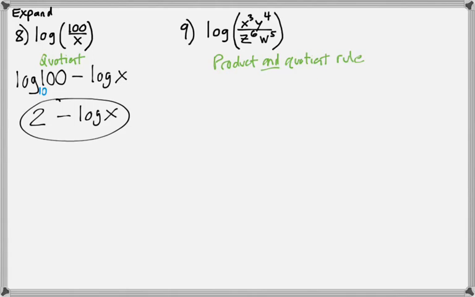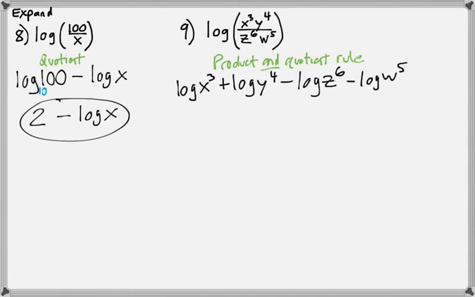So this is going to be log of x to the 3 plus log of y to the 4th. And then anything that's on the denominator needs to have a subtraction sign in front of it because you're dividing by it. So minus log of z to the 6th minus log of w to the 5th.